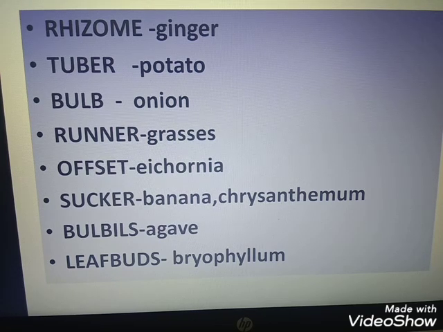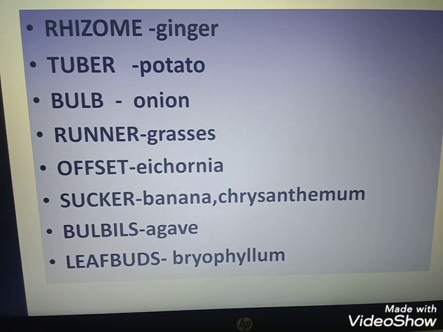Example for bulbils is agave or century plant. Then leaf buds, example is bryophyllum. In bryophyllum, adventitious buds develop along the leaf margins. The leaf buds detach from the parental body and lead a new life.